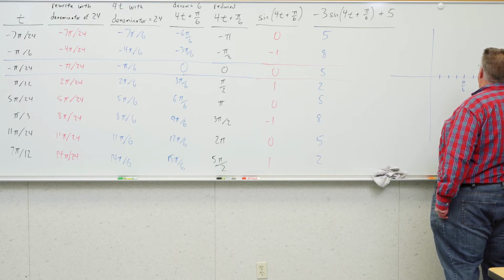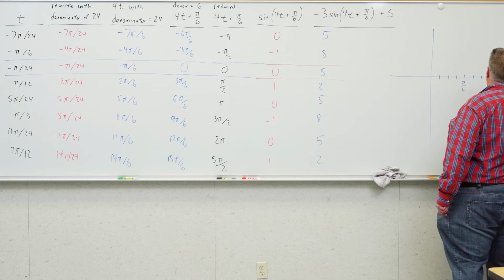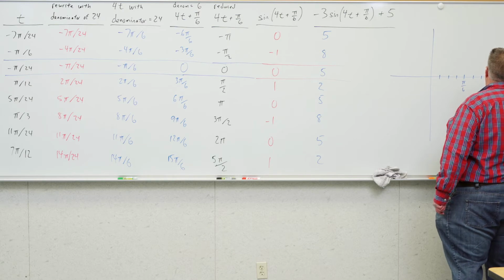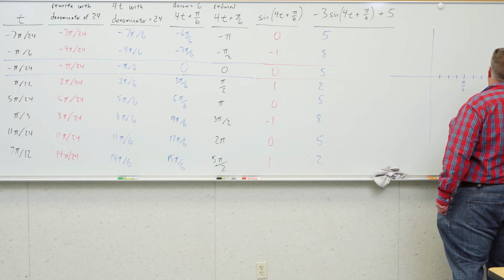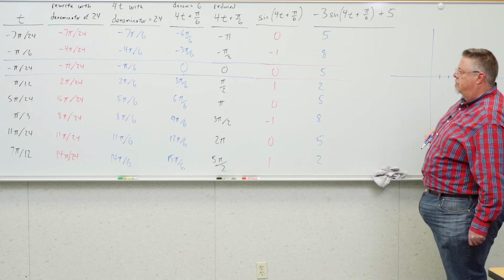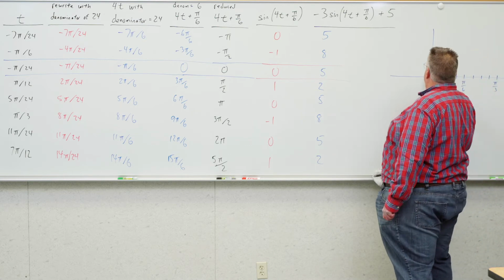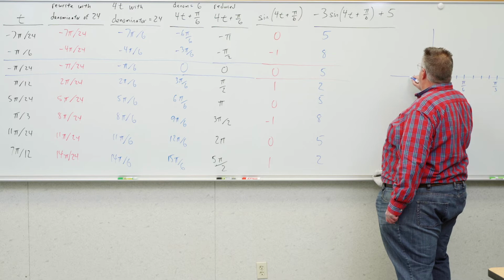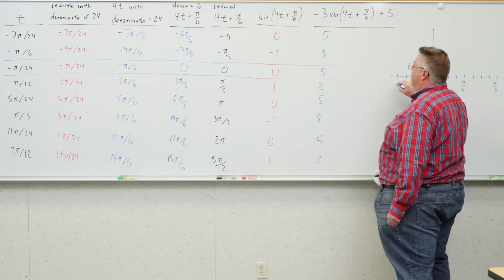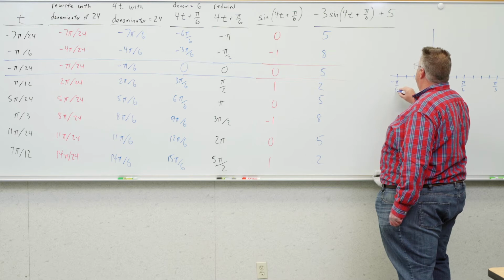Two sixths, pi over 3. 3 sixths, pi over 2. Again, every 4 marks, negative pi over 6.